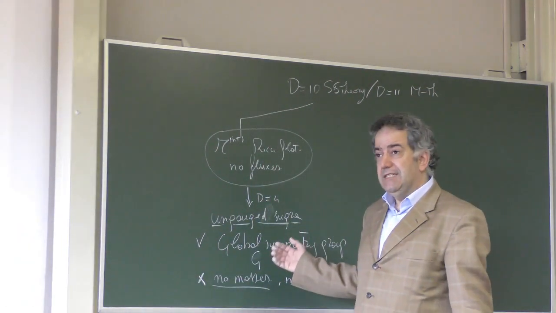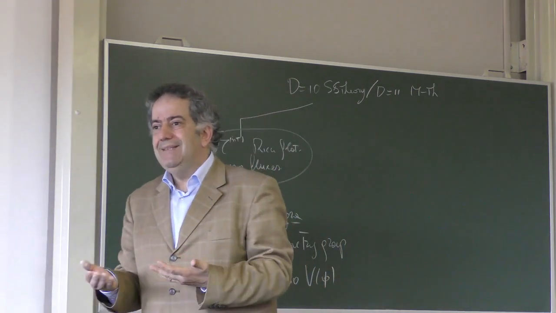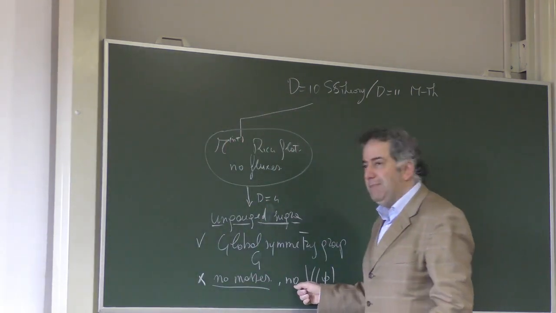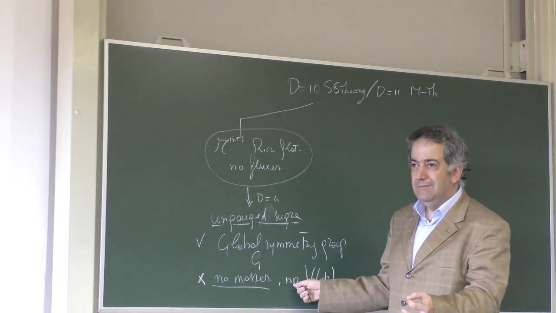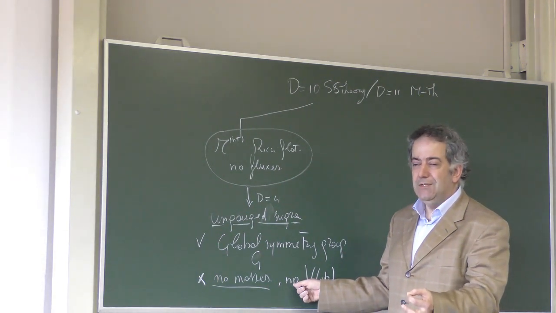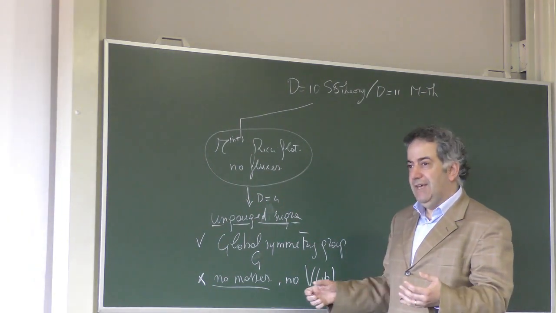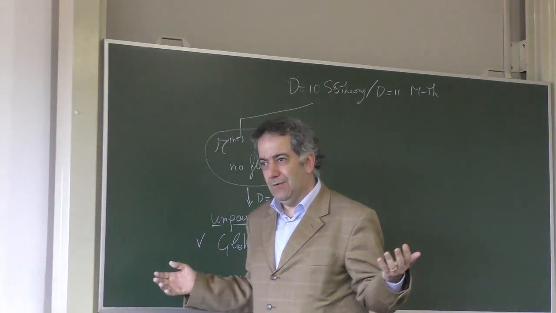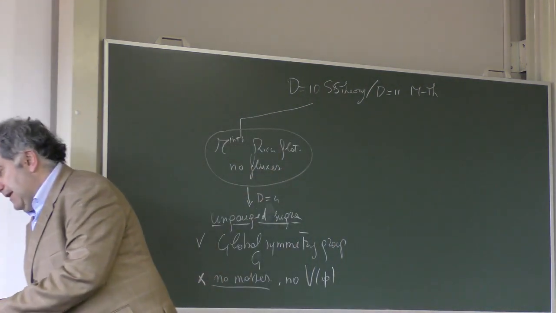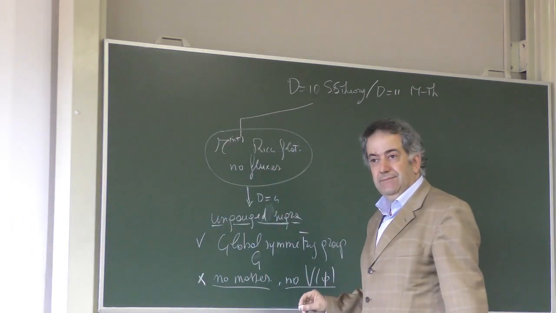They are not predictive. Scalar fields are coupled to vector fields, coupled to p-forms, but their values are not fixed by any scalar potential to some minimum. So the values of these scalar fields are not selected. Okay, so the values of all these couplings are not fixed. Nothing is fixed. So these theories are highly non-predictive.